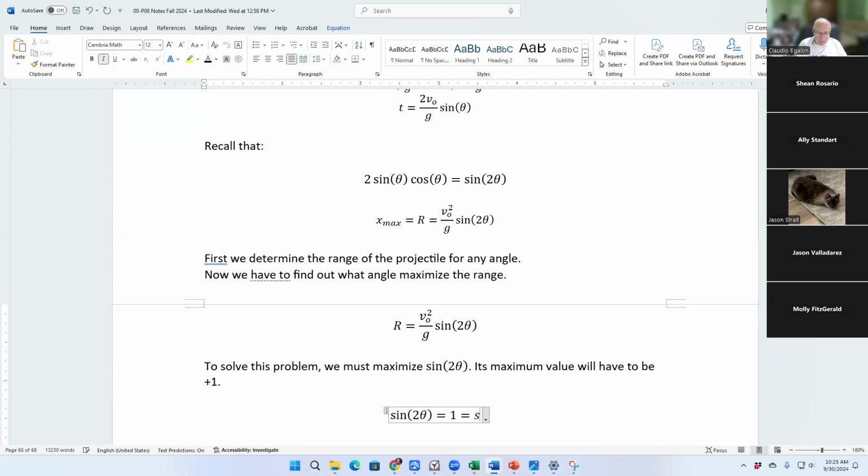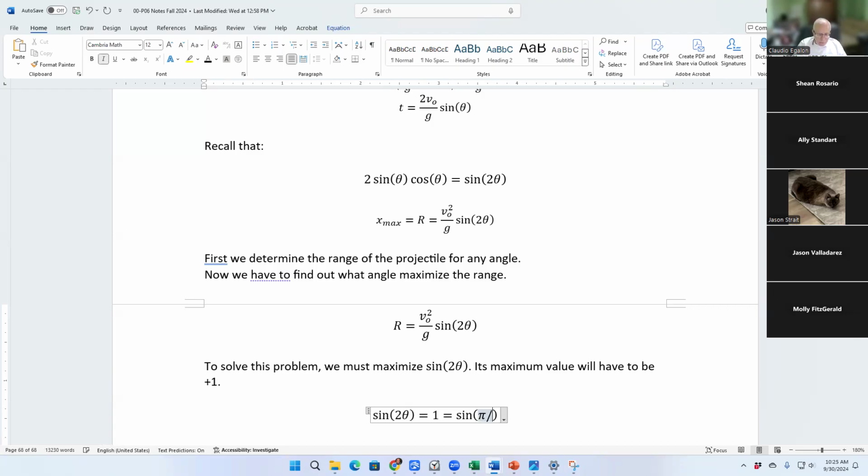Well, sine is going to be 1 whenever its argument is equal to what? Whenever its argument is equal to pi. Oh, here? Yeah, pi.